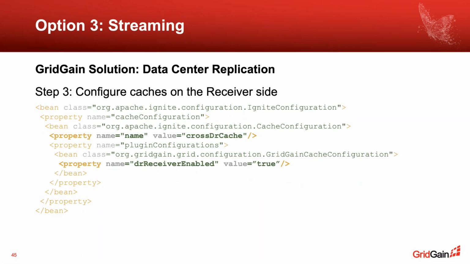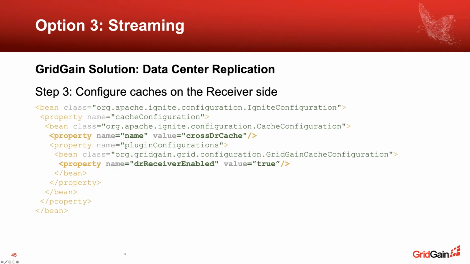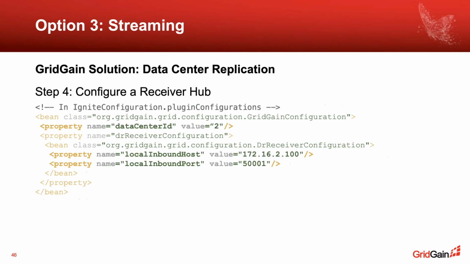Step 3 is configuring the caches on the receiver side. So on the sender side, we have configured caches with DR sender configuration being not null, and for the receiver side, we just need to set DR receiver enabled to true, which means that this cache will be accepting updates from another cluster. And finally, we need to set up a receiver hub.